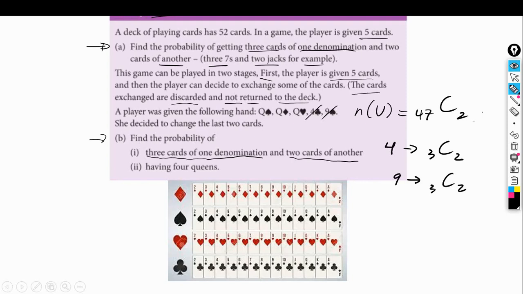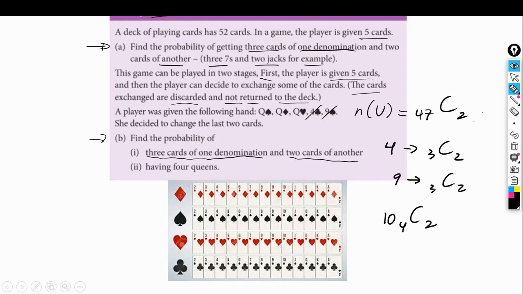Besides that, how many denominations are going to be left now? Notice that after the queens, the 4s, and the 9s, there are only going to be 10 denominations left. So there are 10 ways to pick 2 cards out of 4 for each denomination.